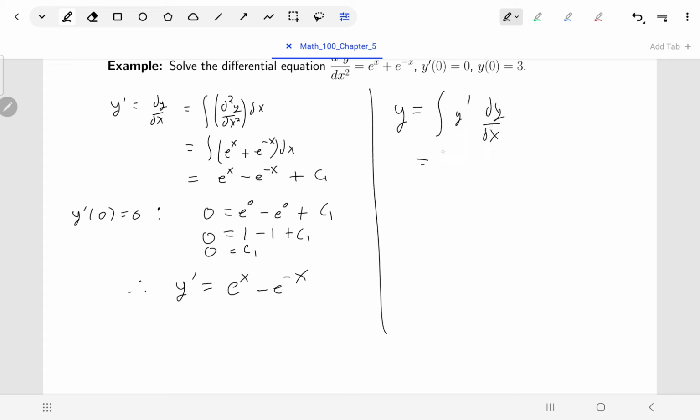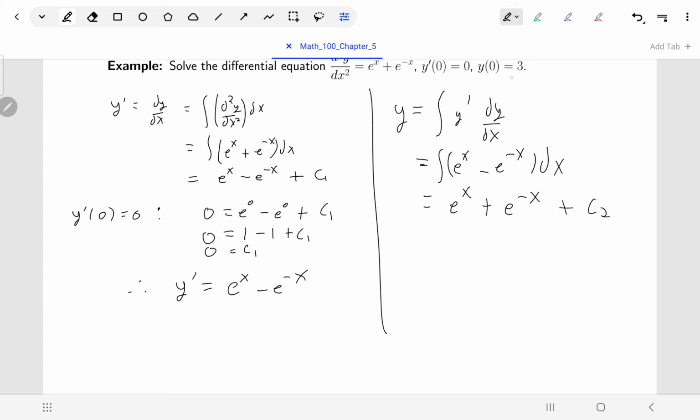In other words, it should be one of the antiderivatives of what we just found, e to the x minus e to the negative x dx. e to the x, its antiderivative is e to the x. e to the negative x is a negative e to the negative x, which will combine with the other negative to give me a positive. And then there'd be another constant of integration that would pop up.